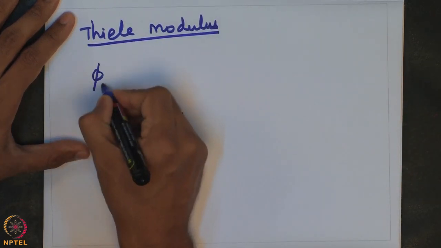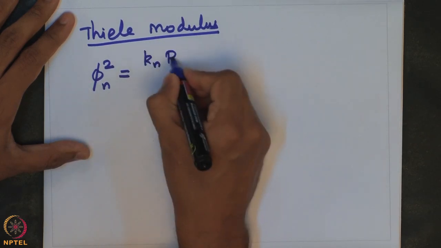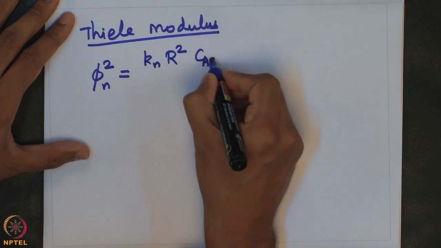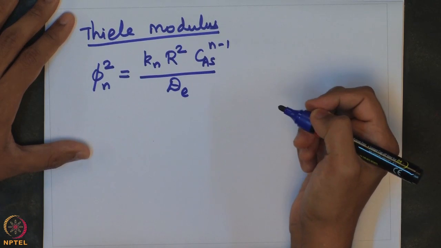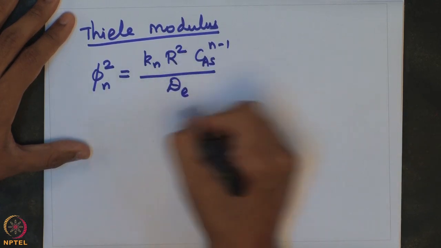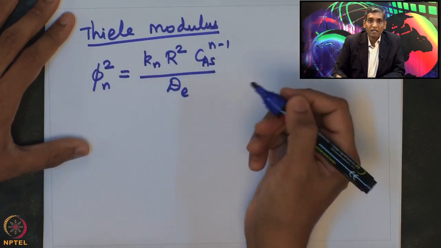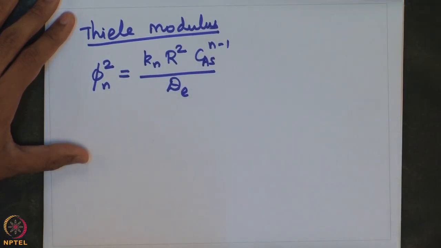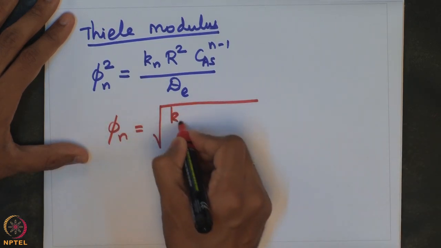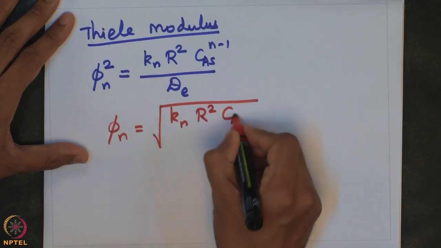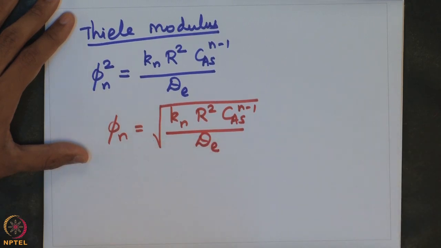So we can define phi n square as Kn R square Cas to the power of n minus 1 divided by dE. So now this expression here is what is famously called the square of the Thiele modulus, where the Thiele modulus phi n is given by square root of Kn R square Cas to the power of n minus 1 divided by dE.